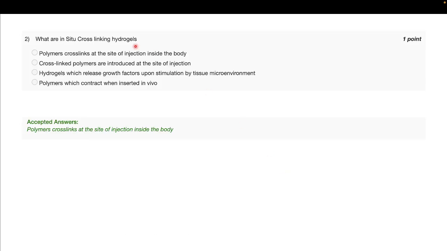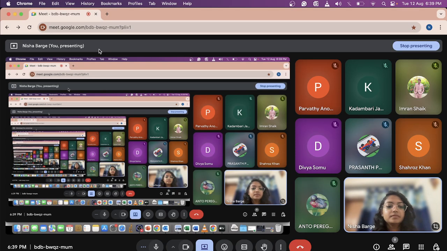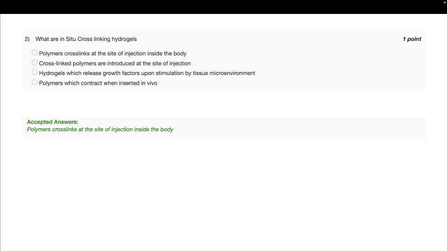So to come back to the question, what are in situ cross linking hydrogels? These are nothing but polymers that cross link at the site of injection inside the body. Is this concept clear? I hope the explanation is making sense. If you have doubts, you can let me know and we can go over the explanation again.